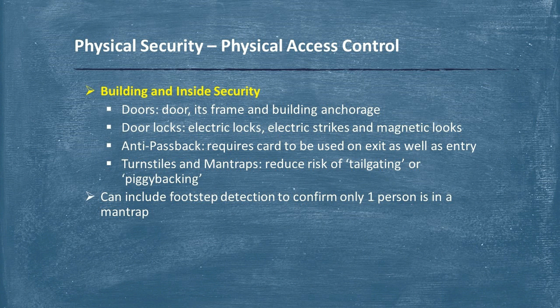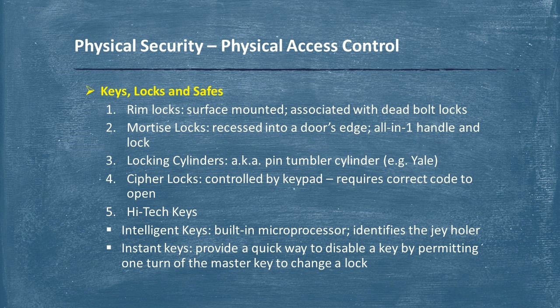But some places monitor whether the person who entered has come back and at what time. If you want all those details, then anti-passback. Turnstiles and man traps reduce the risk of tailgating and piggybacking. One cannot stick with another person and go inside.